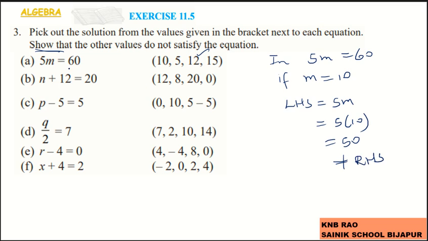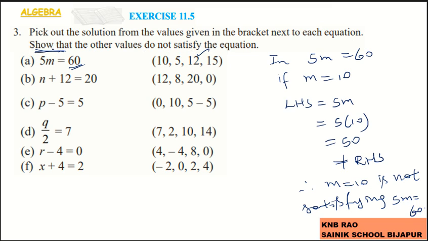Right hand side we have got 60, it is not equals to 60, therefore m equals to 10 is not satisfying 5m equals to 60. So this is how we show. This is showing, very important. How to show, you should learn it.